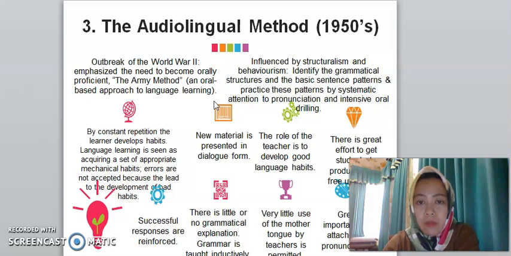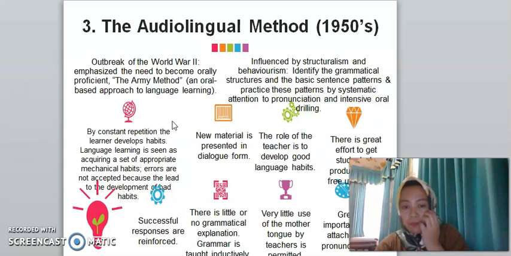In the audiolingual method, students listen a lot in the classroom, so they can produce good pronunciation. The teachers and students use very little of the mother tongue, because it is not permitted; students are only allowed to speak English at the time.